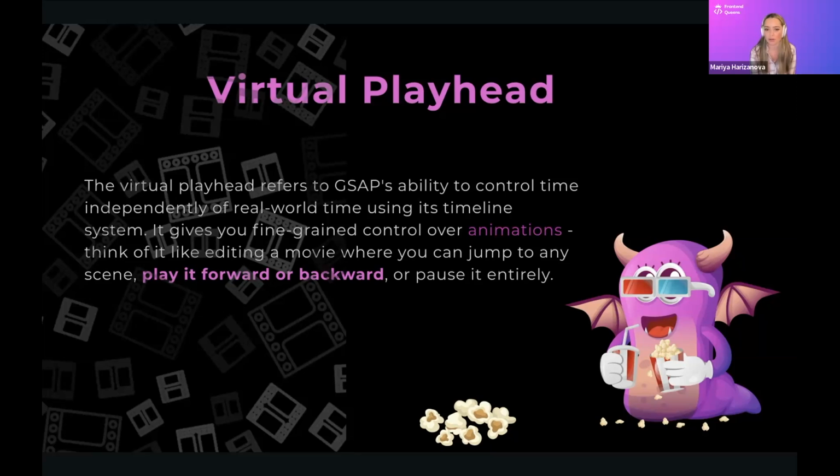It's not start to finish. This is super useful when you want full control over how things move on the page. Instead of letting the animation run from start to finish, we are controlling the timeline, which we just mentioned.